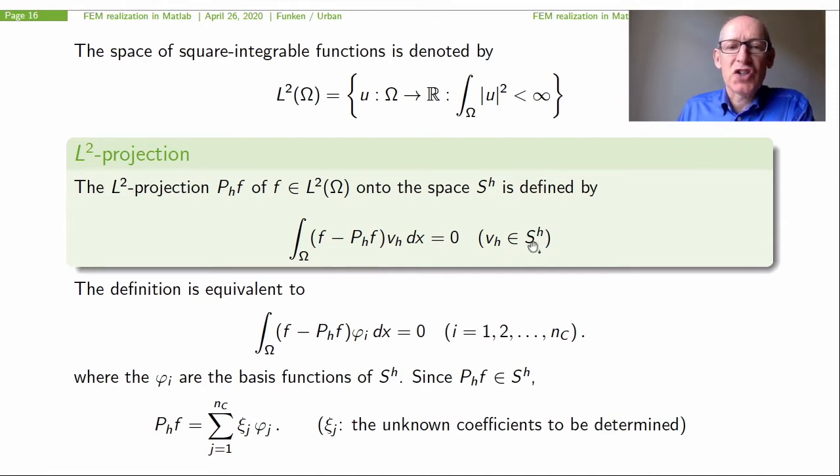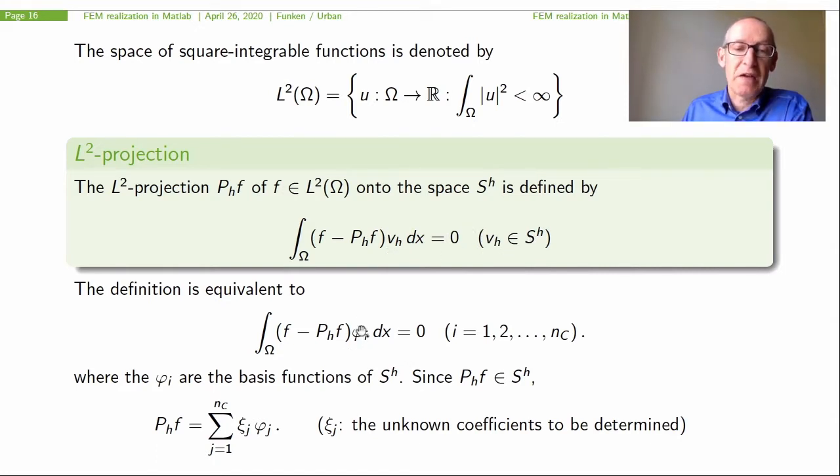This space Sh is, as we defined before, a finite dimensional space spanned by the basis functions phi i, our hat functions. So this is equivalent to this expression. Of course, all functions in Vh and Sh can be represented by a linear combination of phi i, and the other way around, even the hat functions or basis functions are one element. So this is also satisfied for all functions and of course for the hat functions.